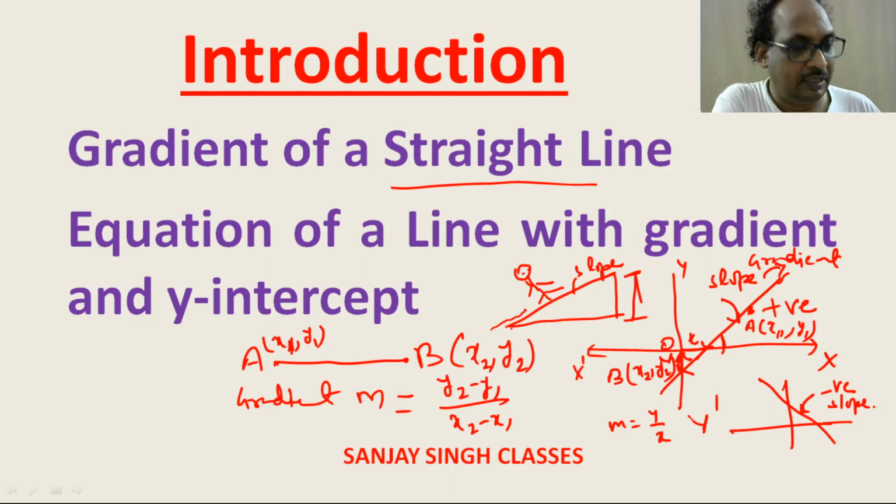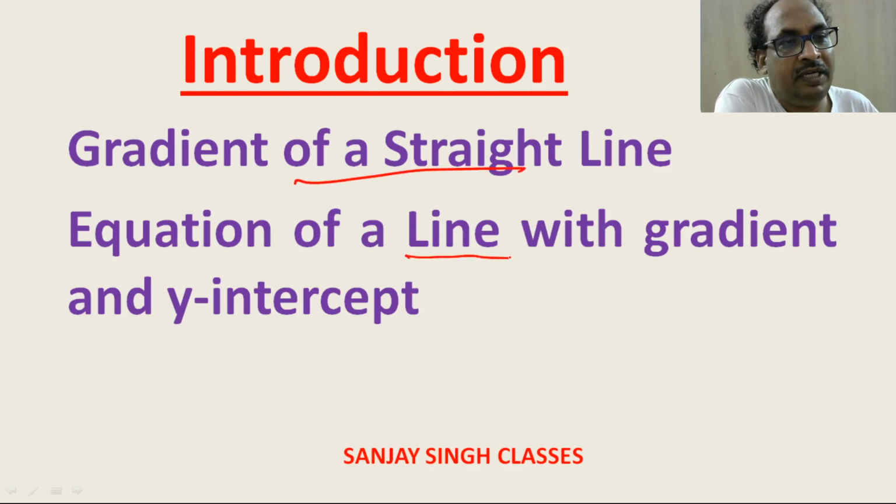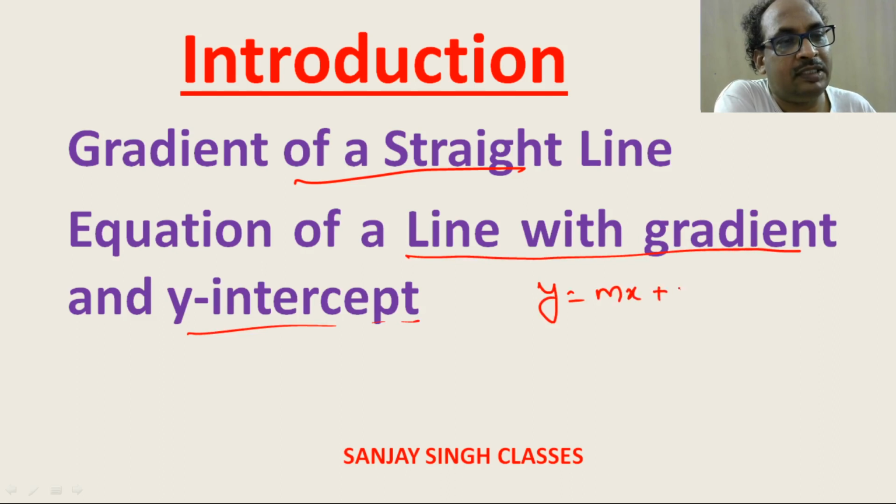Okay. Now another case is there. Just let me erase it. We discussed gradient. Now we will discuss the equation of a line with gradient and y-intercept, meaning y is equal to mx plus c.